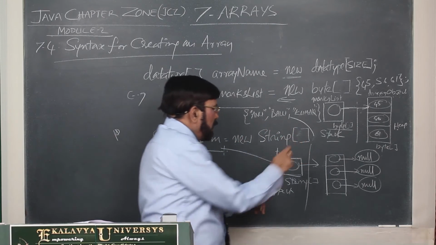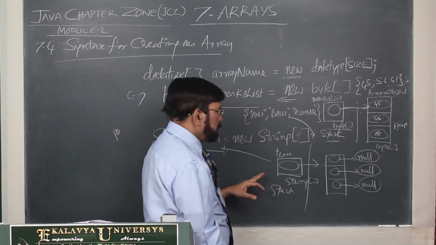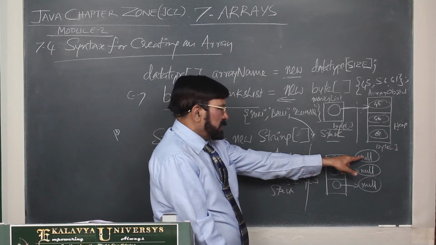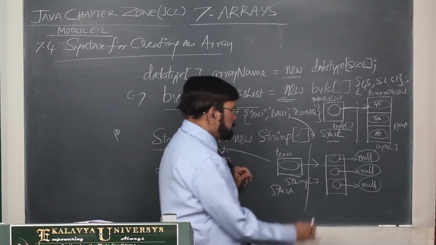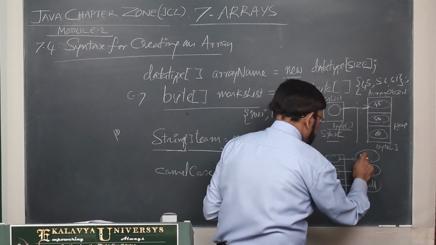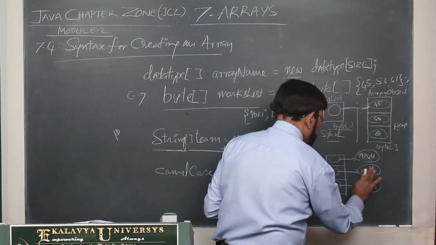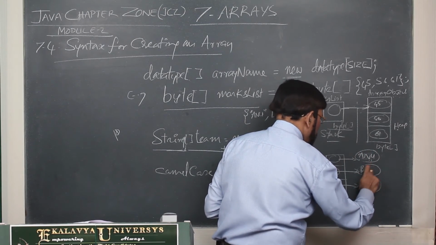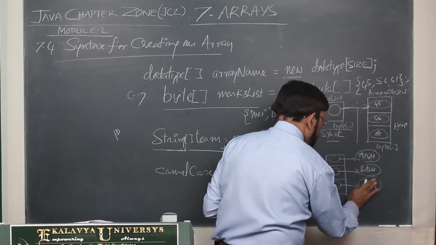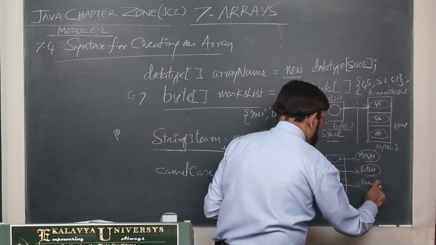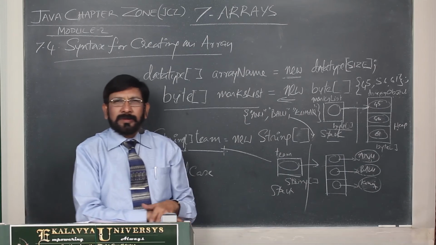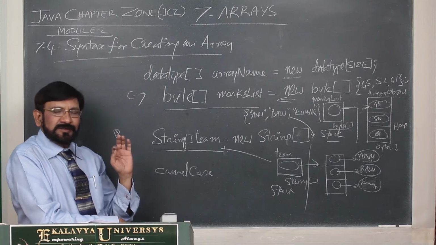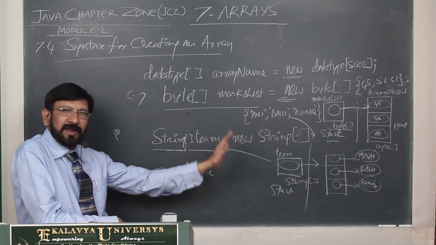Then what happens? Already nulls are there. Nulls are replaced by Anu, Balu, Kumar. These are the syntactical details. You should have clarity, 100% clarity over this.